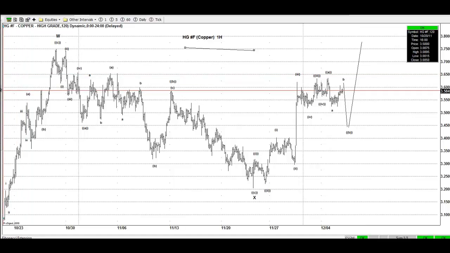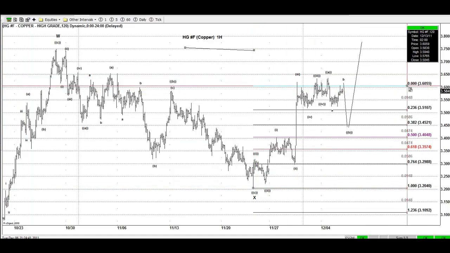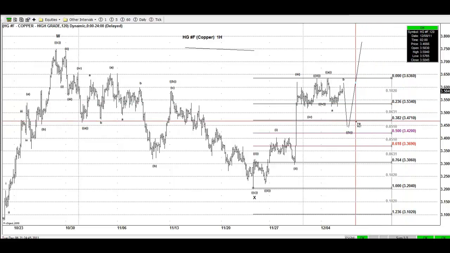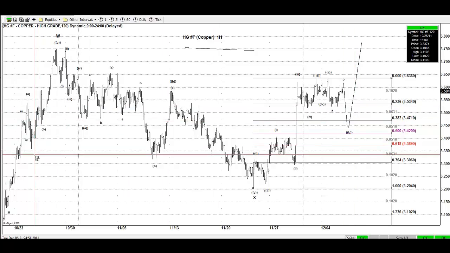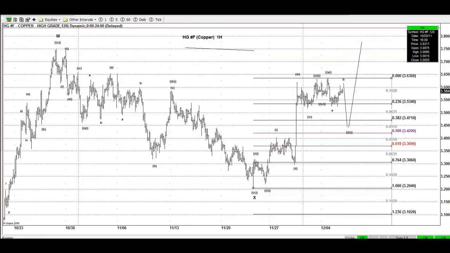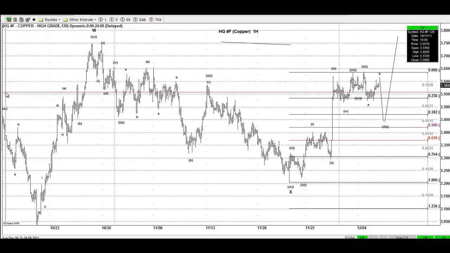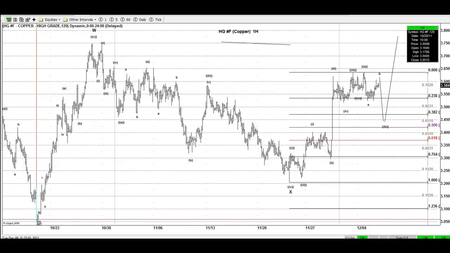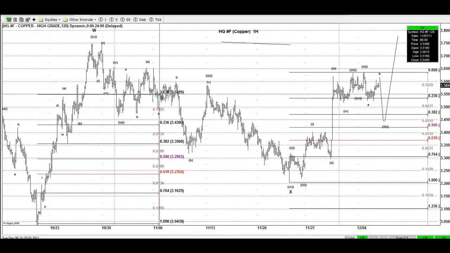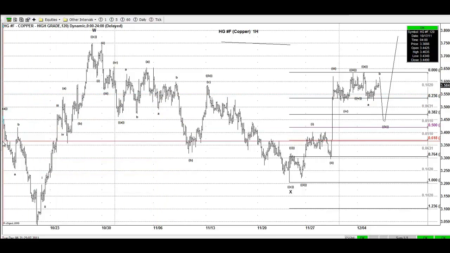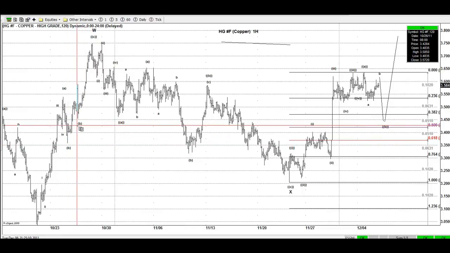Now, another thing is how deep it's going to go. For now, 347 should be a reasonable area to get there in copper. If you take a look at the previous three-way move, the B-way, it was very small. It was only to the 3802. So I'm expecting something similar here.